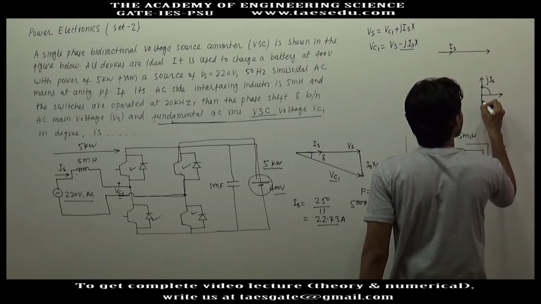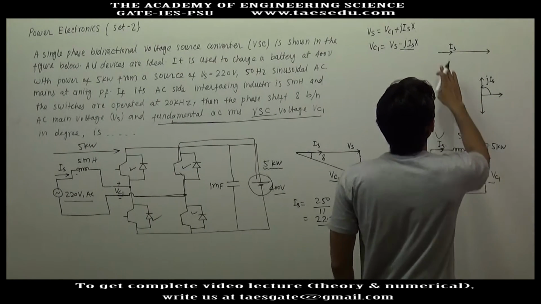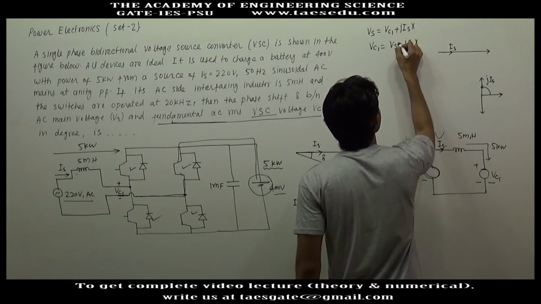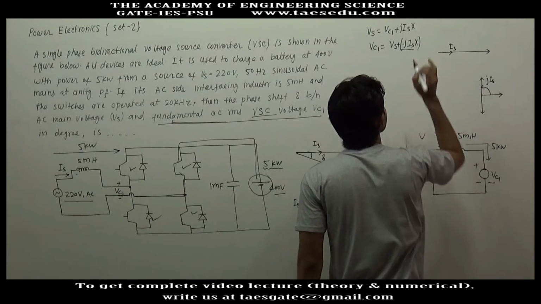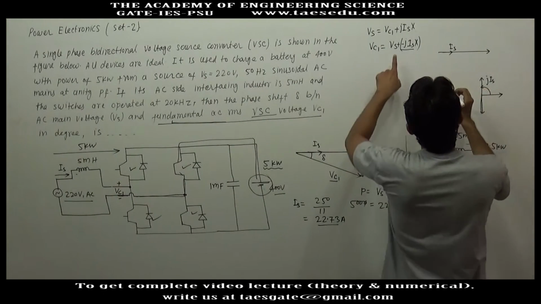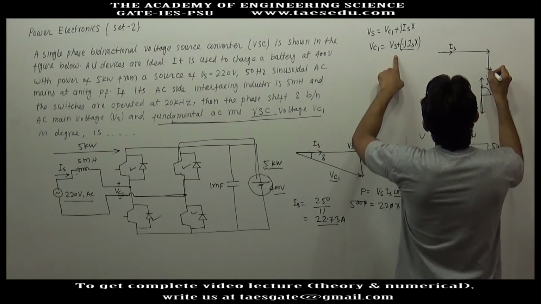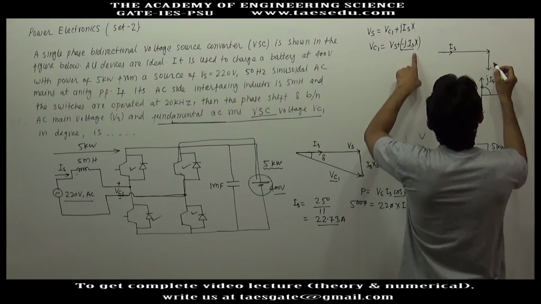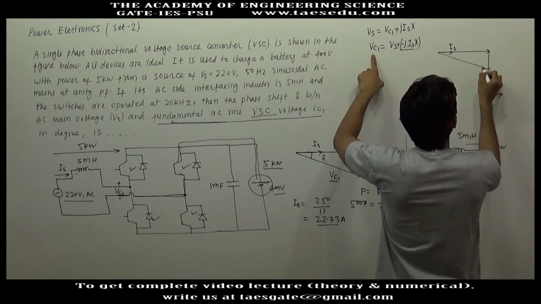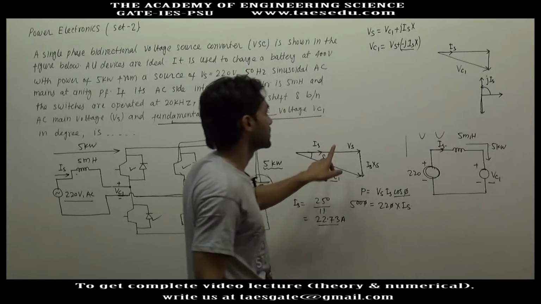Minus jIs will be in the downward direction. So Vs plus minus jIs into X, and this is the direction of minus jIs X. This vector plus this vector is Vc1. This is Vc1, so this is the phasor diagram given in the question.